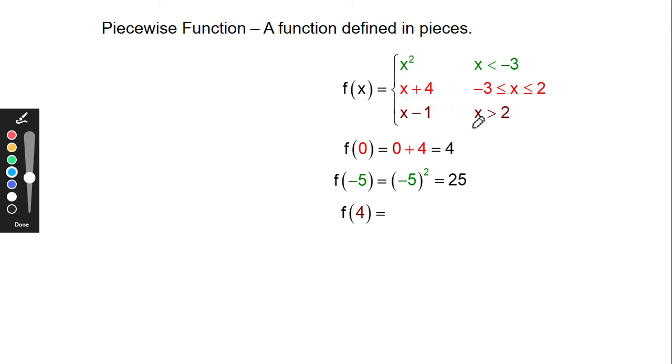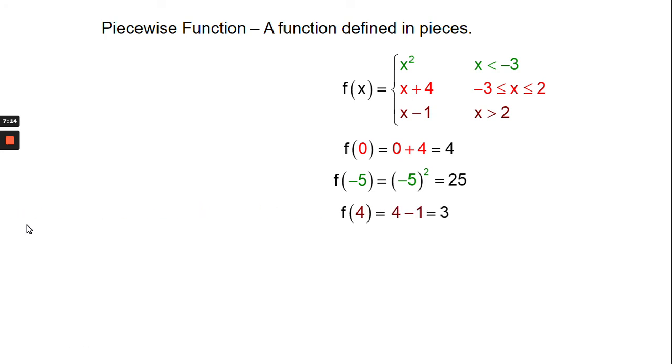However, 4 is greater than 2, so we will use this piece: x take away 1. So 4 take away 1 is 3.